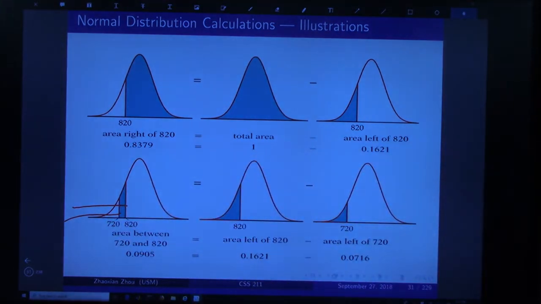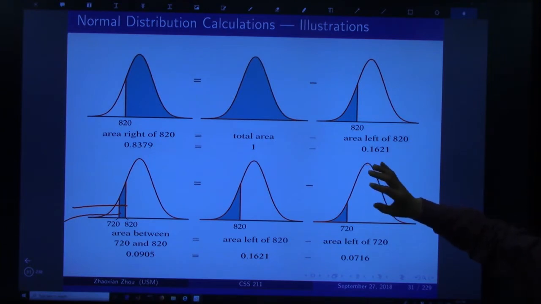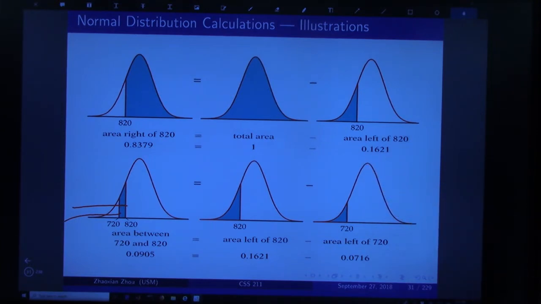So we need to understand these ideas, because in table A the proportion only gives us the cumulative proportion. That means from negative infinity, all the way to the left, up to the x of interest.